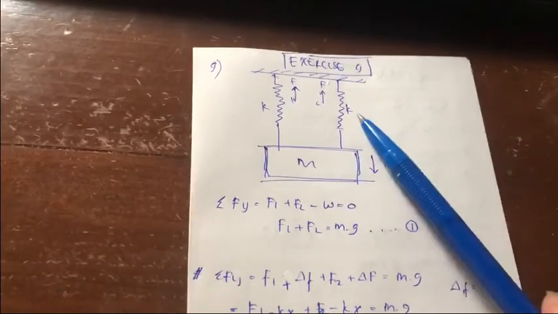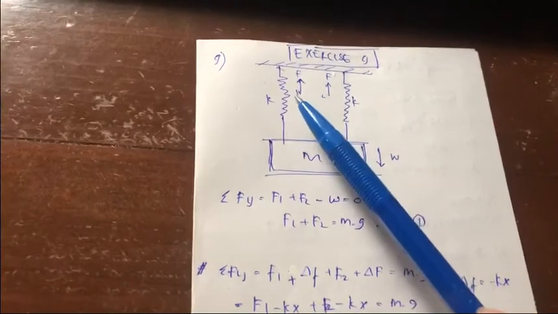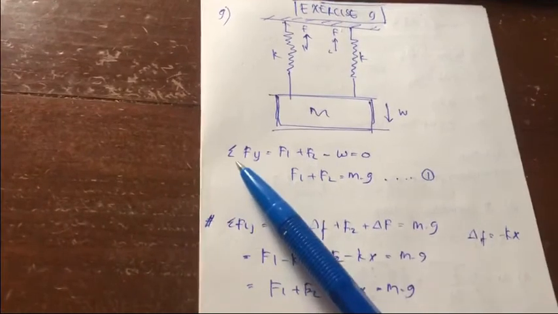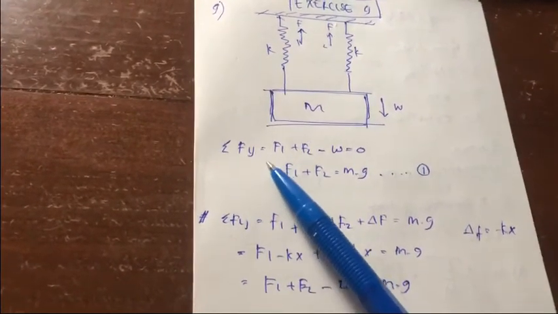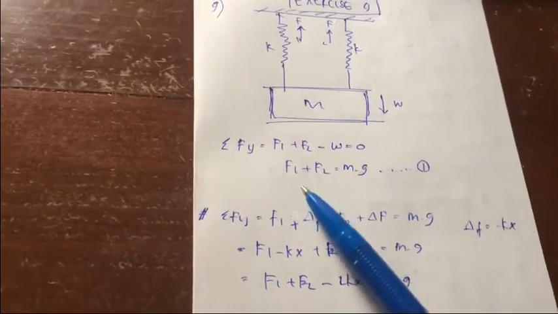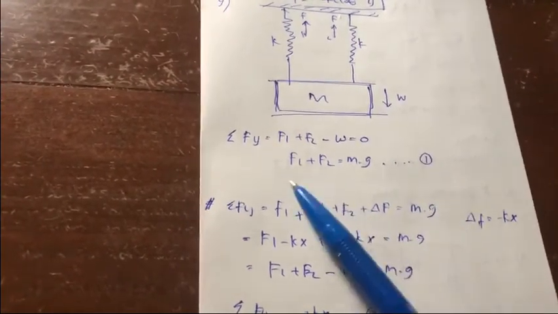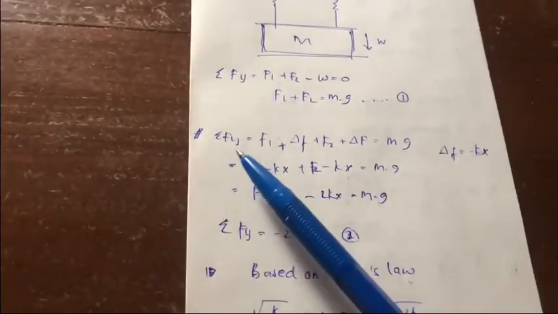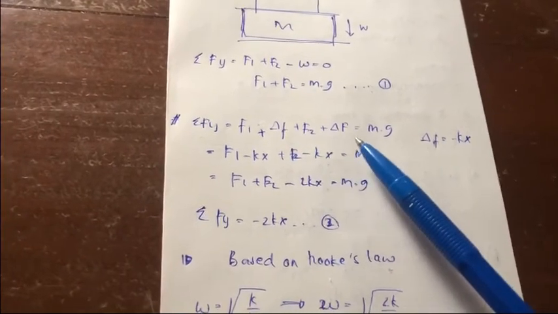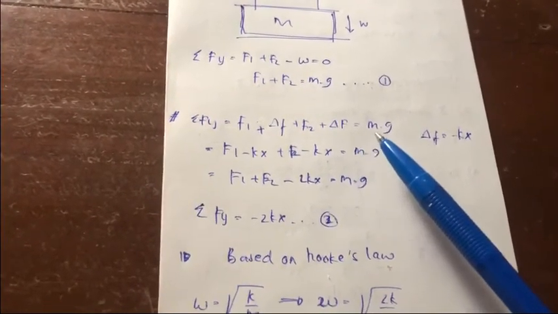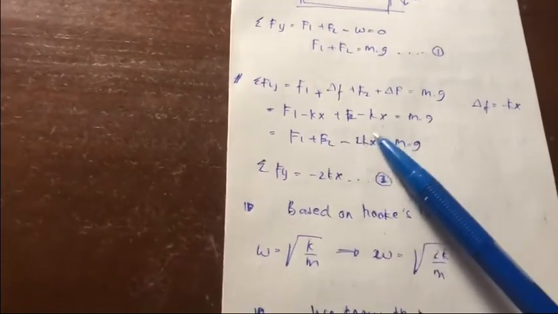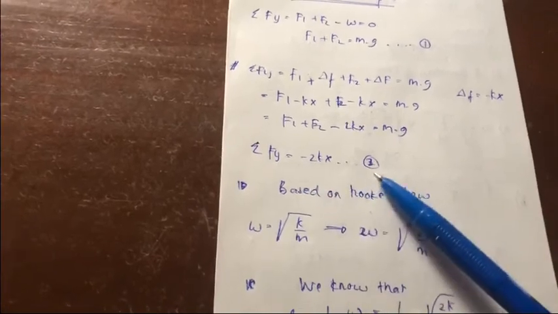Then the next exercise: we know this is the spring with force 1 and force 2 up and weight down. We know that sigma Fy equals F1 plus F2 minus weight because of the different directions, and this is the first equation. Sigma Fy is F1 plus F2 plus sigma F equal to mg, and we know that sigma F is minus kx, and we can operate on this and get the second equation.